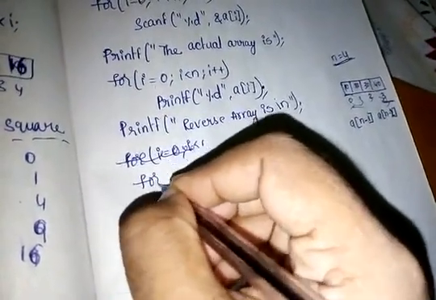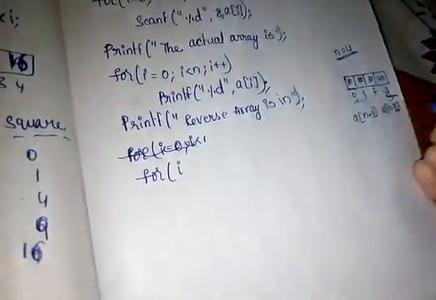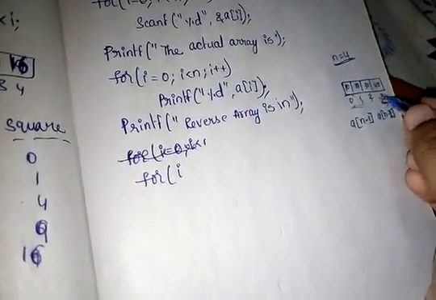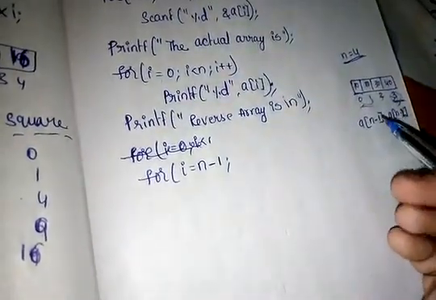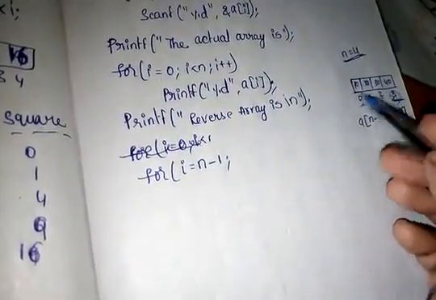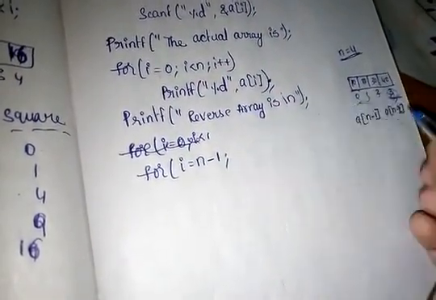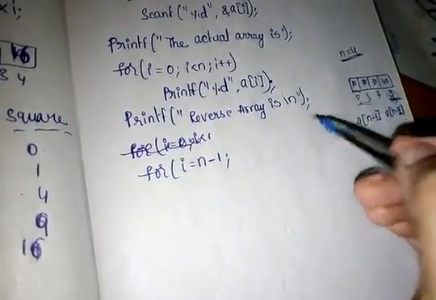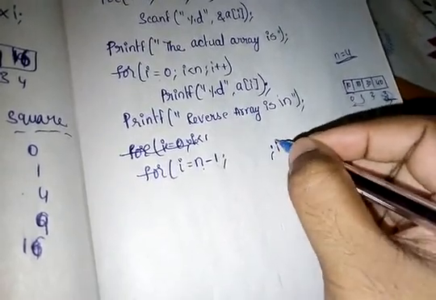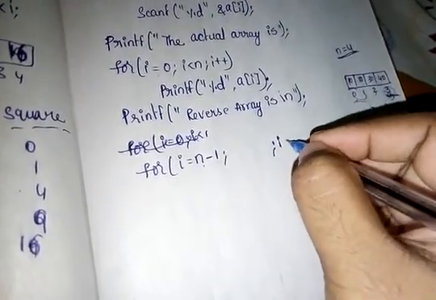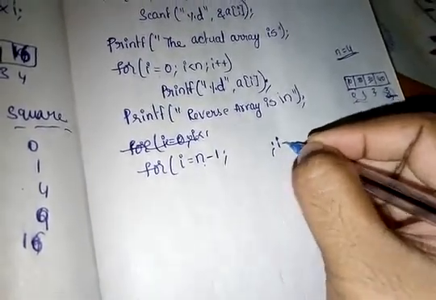So my loop should start from the ending index of the array, that is i is equal to n minus 1. Then the next index would be this minus 1. So your updating part should be i minus minus.